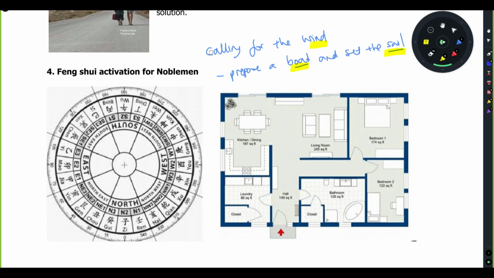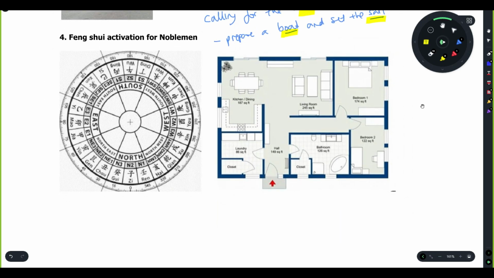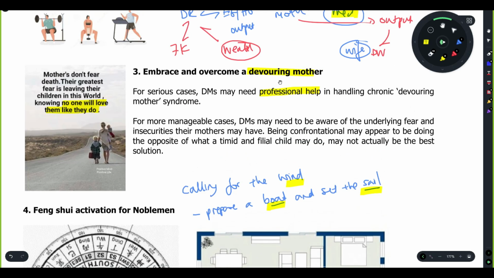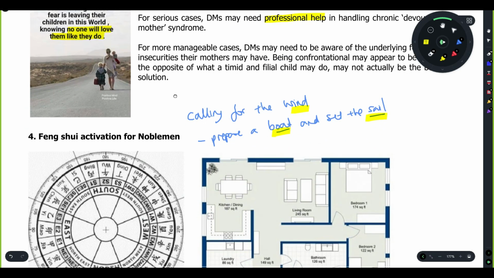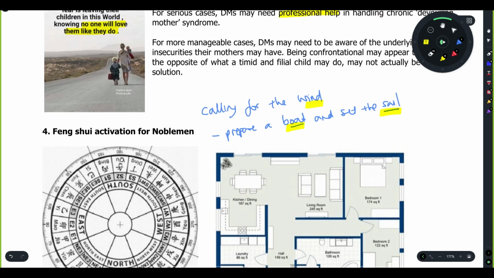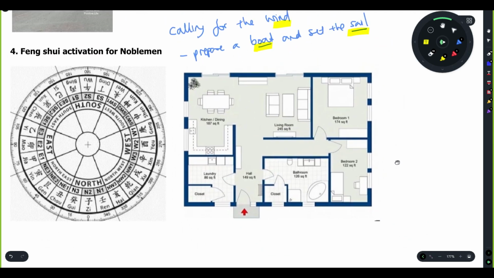Sometimes I want to remind, because we have people who activate feng shui but then come to realize that the devouring mother problem won't change by activation. It doesn't happen so easily. In fact, for the devouring mother, normally you don't activate the direct resource, because the direct resource is activated if it is weak.